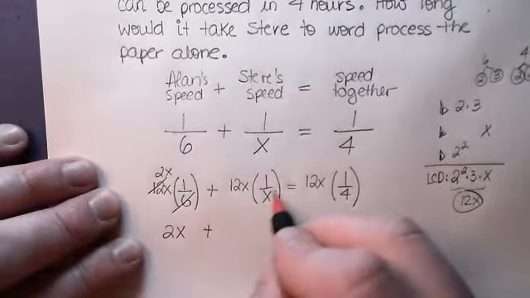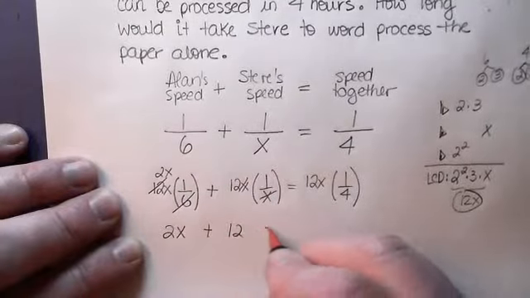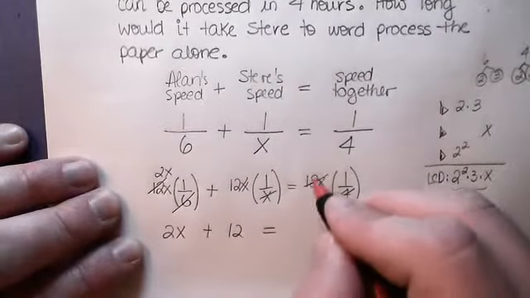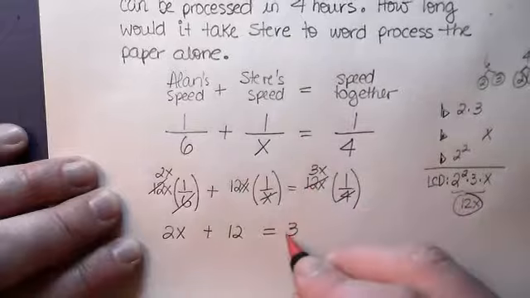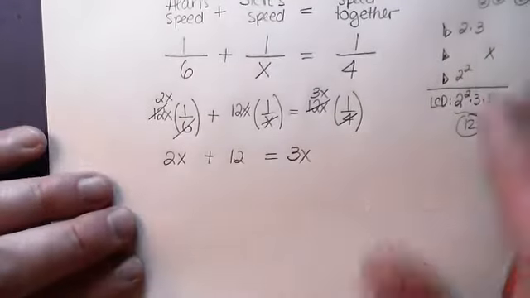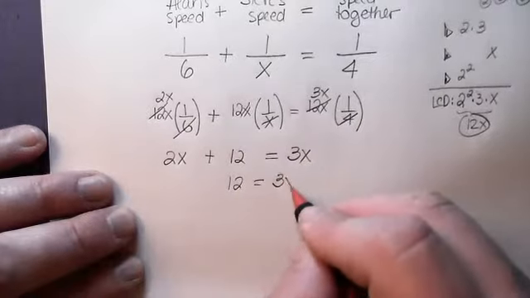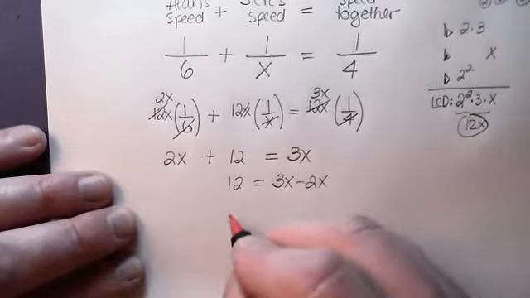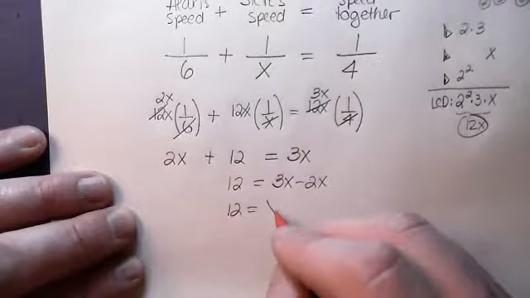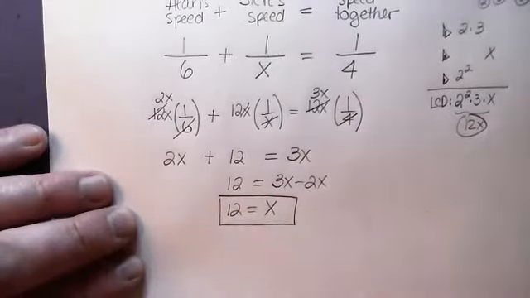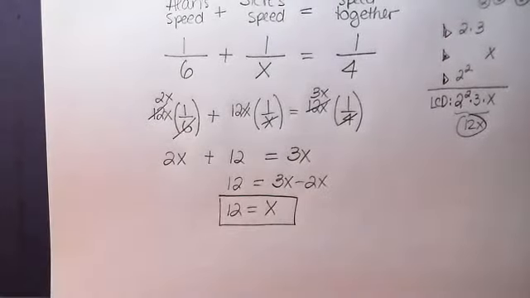Then here the x cancels, so I'm left with 12. And over here this cancels and becomes 3x. So now all I have to do is get the x alone. So this would be 12 equals 3x minus 2x. 12 equals x. So that means Steve can complete the job in 12 hours.